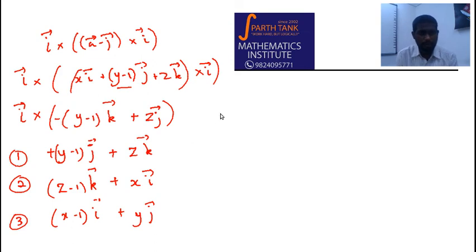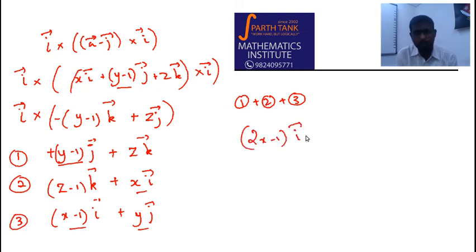Now if you add all these three, 1 plus 2 plus 3, see here, there is a (y minus 1)j and yj, (x minus 1)i and xi. So you get (2x minus 1)i plus (2y minus 1)j plus (2z minus 1)k.